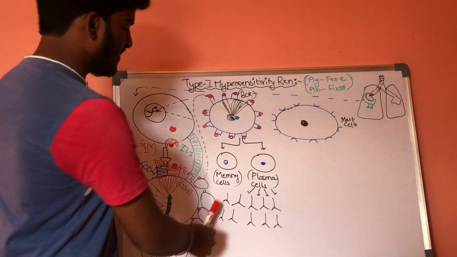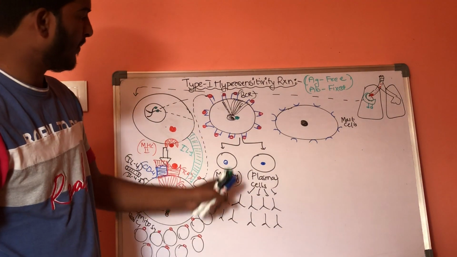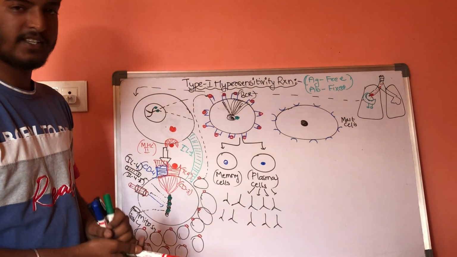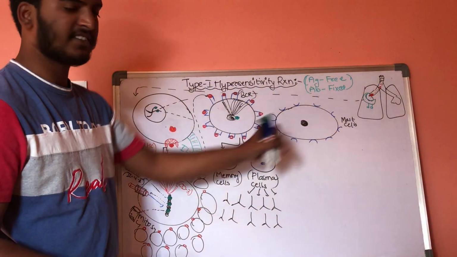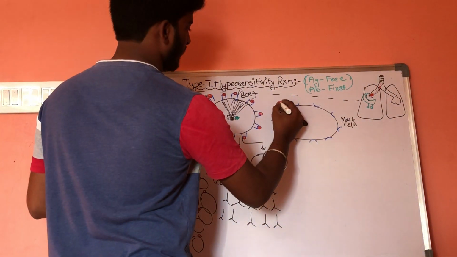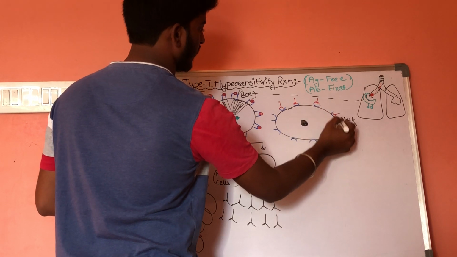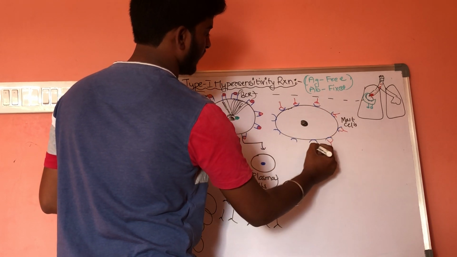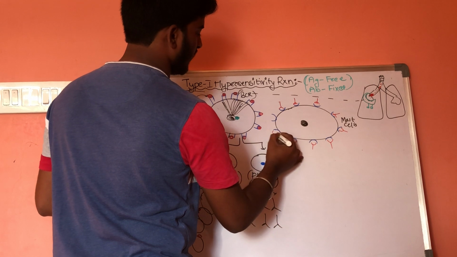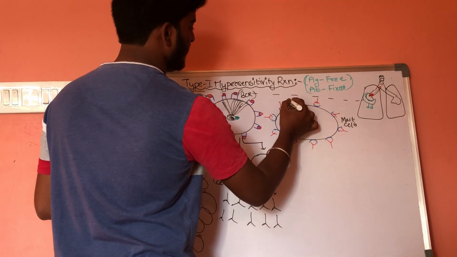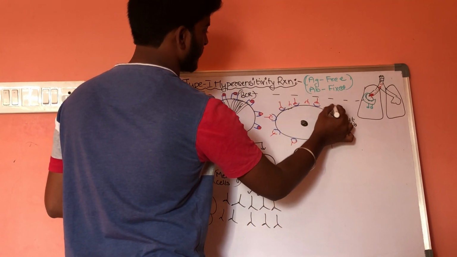Now, these antibodies which are produced with the help of plasma cells of B lymphocytes will get attached to the mast cells. In this way, they will get attached to the mast cells.